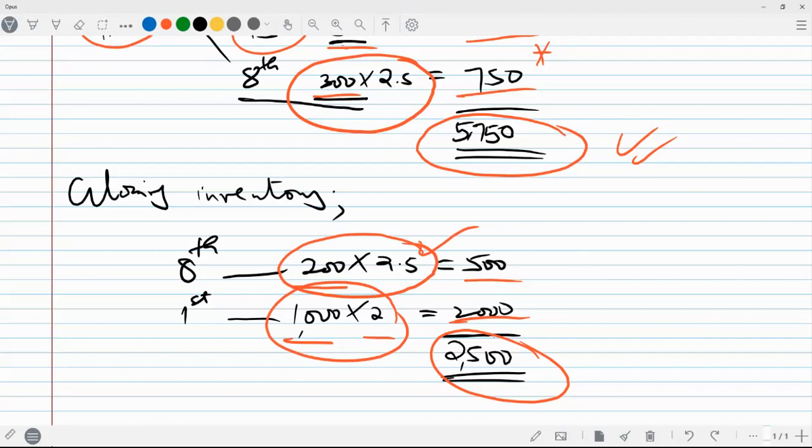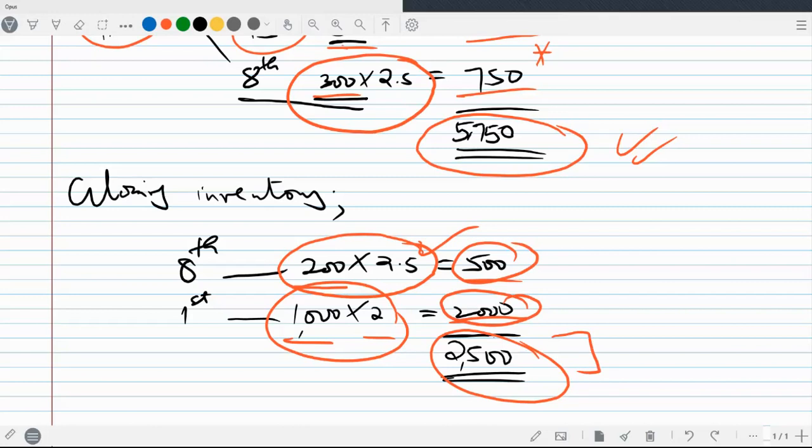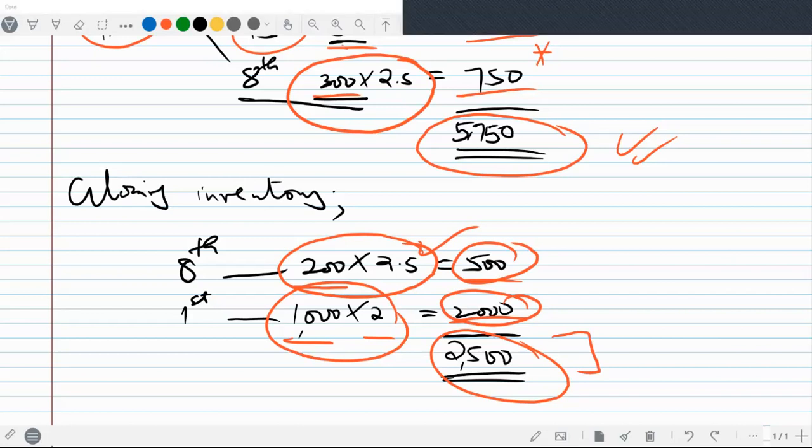The total value is 500 plus 2,000 to give 2,500. It's clear. Yes. Okay, great. So that's the value of the closing inventory as well as the cost of sale. Okay, great.